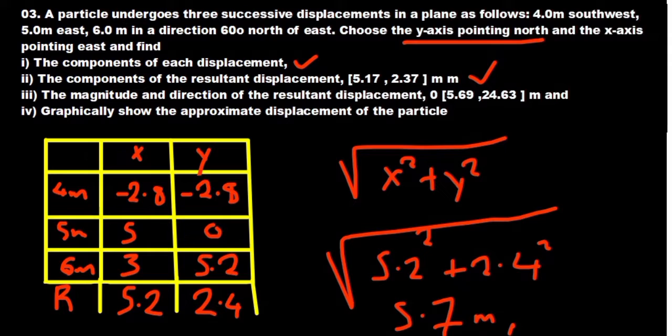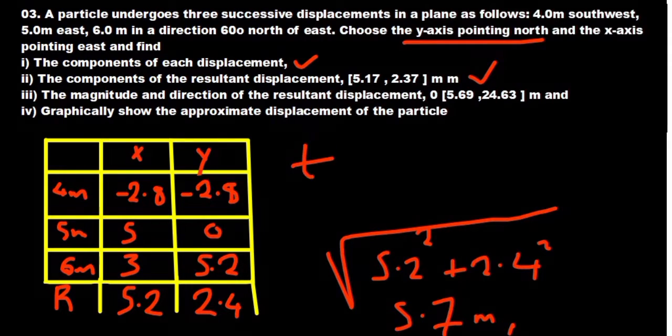The direction, we've mentioned, is tan inverse of y over x. I'll write that again. In a case where there are positives, it's direct; whatever you get is the answer. In a case where there is a negative, there are some things you're supposed to do, and I've mentioned them in the first 2 questions. In this case, they're all positive.